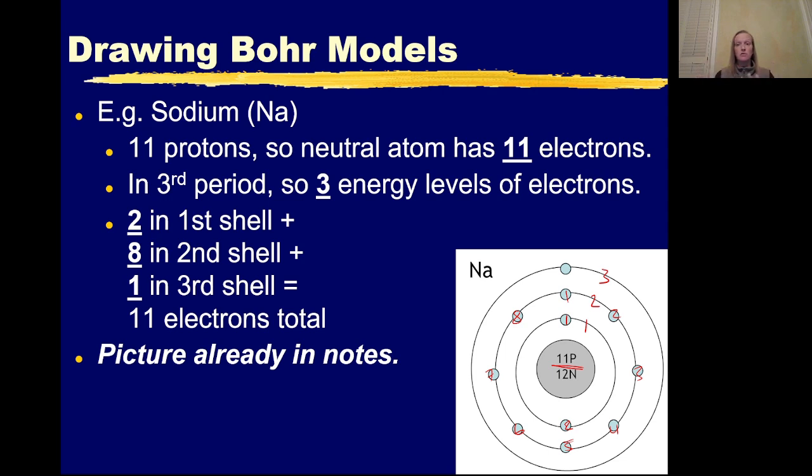I've drawn 10 electrons, so electron number 11 is here in energy level 3. So I've drawn 11 electrons across energy levels 1, 2, and 3, and this represents sodium.